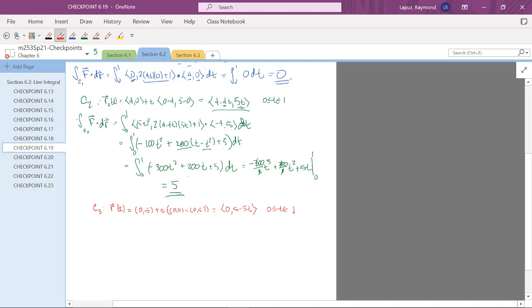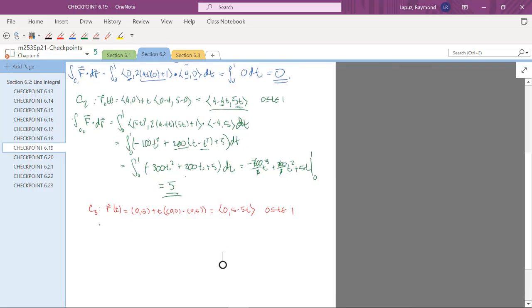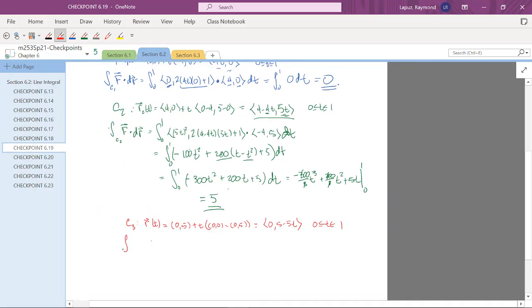All right, into the integral we go. This is the integral over C3 of F dot dr, which is going to be the integral from 0 to 1 of y squared, so that's (5 minus 5t) squared, comma 2x times y. We don't really need to write this, but I'll do it anyway because this is going to be multiplied by 0. And then 1.